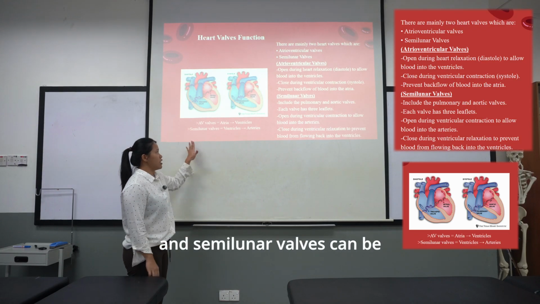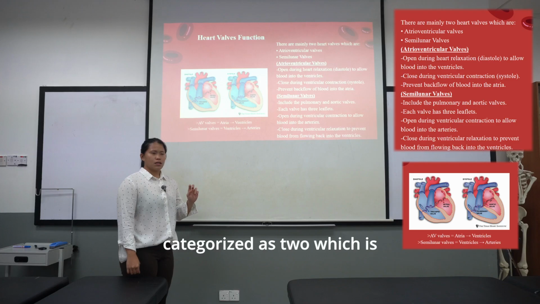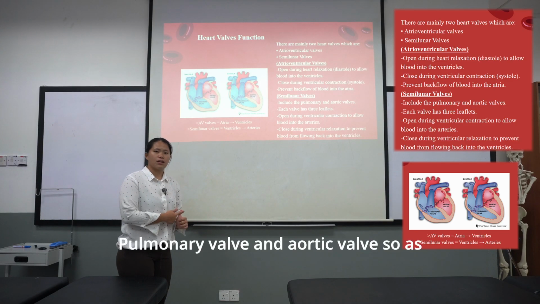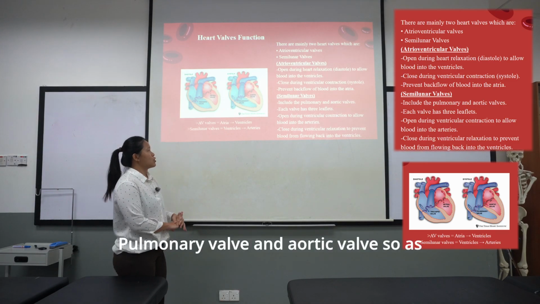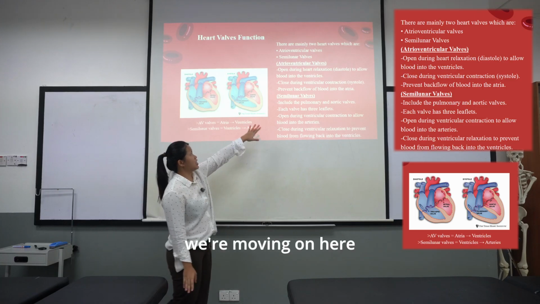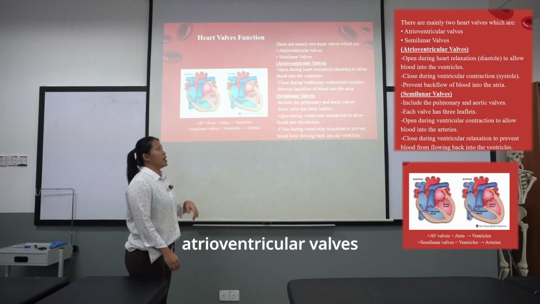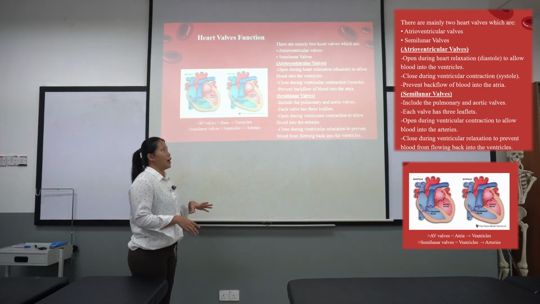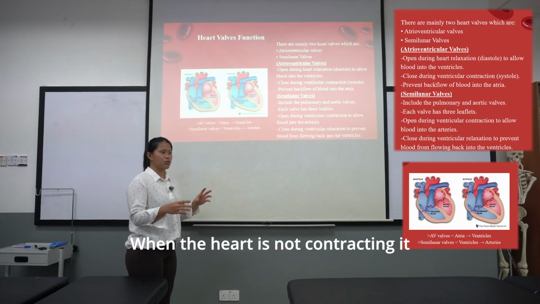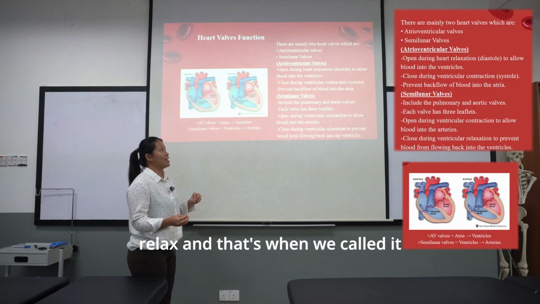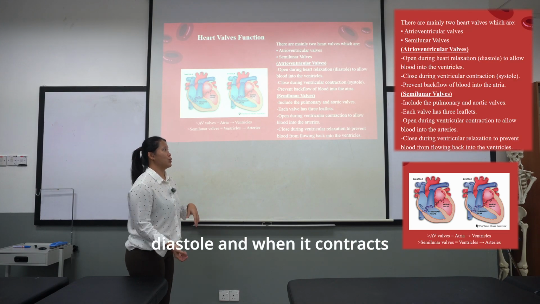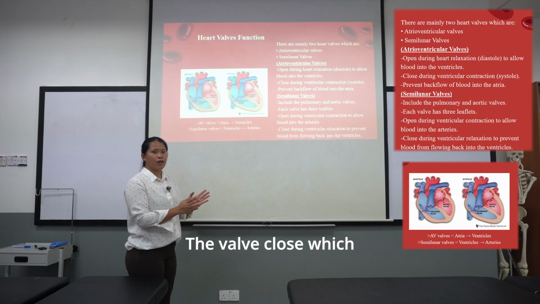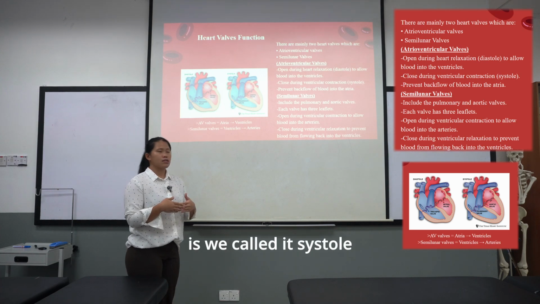And semilunar valves can be categorized as 2: the pulmonary valve and the aortic valve.